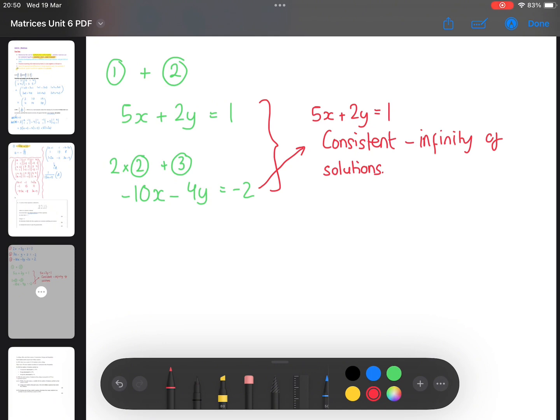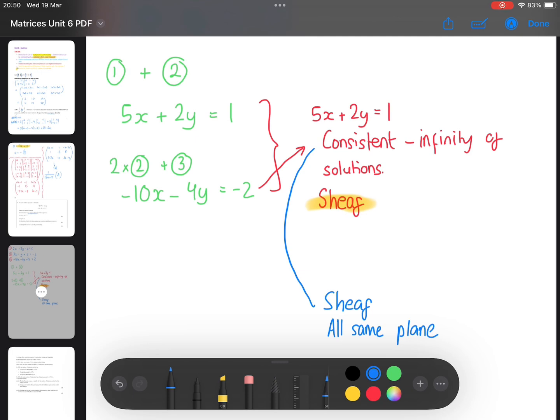And in this case, the geometric interpretation is going to be a sheaf. When it's consistent, that can imply either that it's a sheaf, and feel free to skip this bit if you're confident with this, it can be a sheaf, or you could have all the same plane.